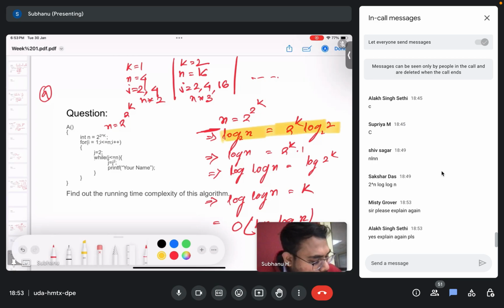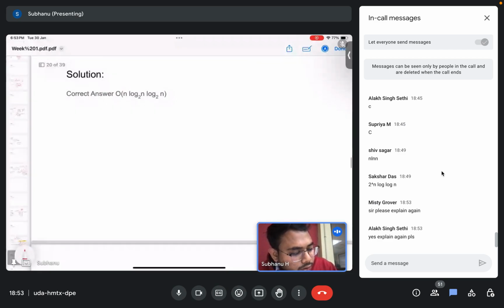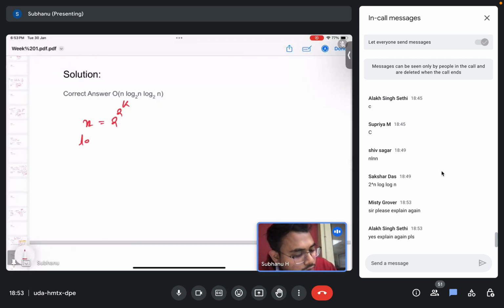Yes, I am applying log on both sides. I had n is equal to 2 to the power k. If I apply log, it will become log n base 2, and log base 2 of 2 to the power k.